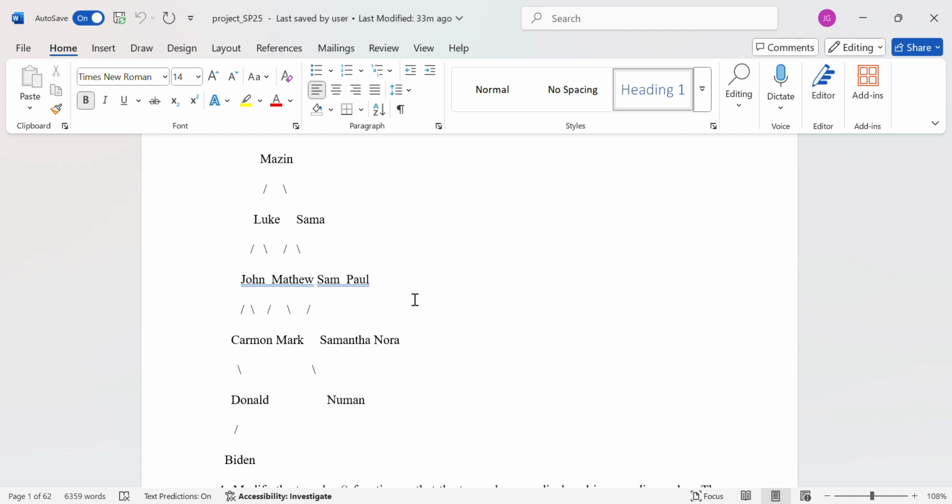And then for the RML, the traversal is descending. So it would be traverse right, print node, traverse left. So the output, in the case of these children, would be Paul, Newman, Nora, Samantha, Sama, Sam, Mazen, Matthew, Mark, Luke, and so on and so forth.